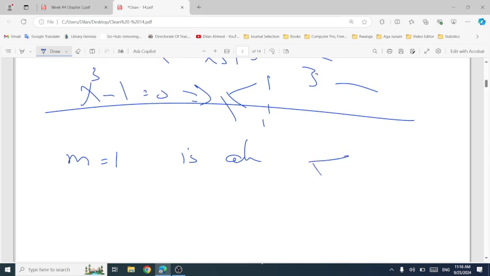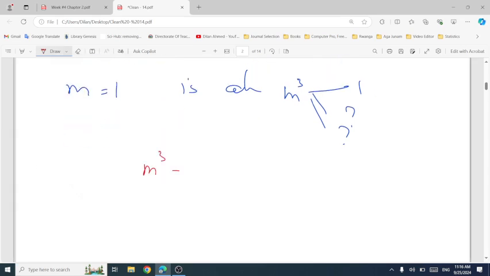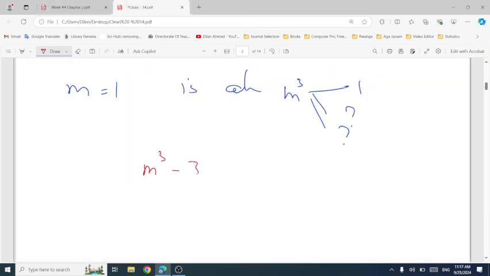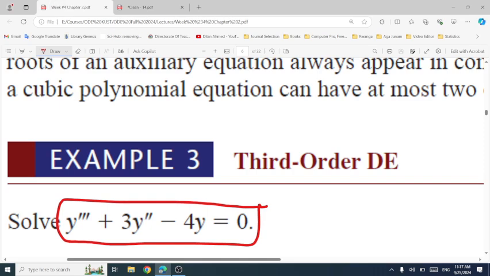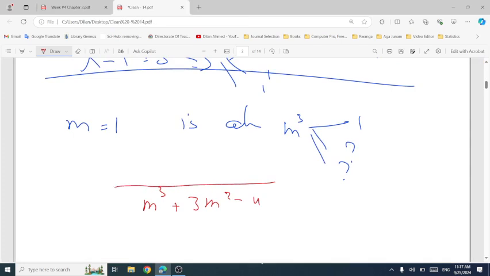Where's the other one? Please write down your notes. We say that m cube plus 3m square minus 4, we are going to divide by m minus 1.